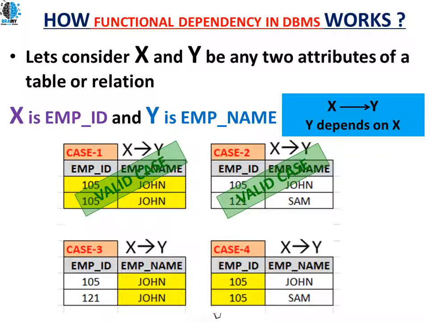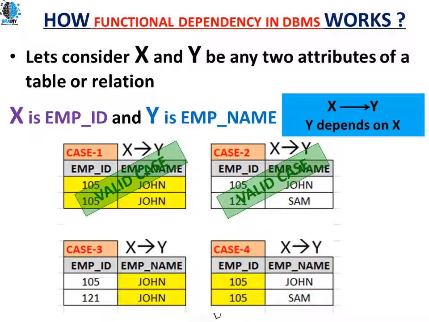Next, employee ID and employee name in case 3. Here I have different employee IDs and the same name. This can happen in any organization: two different persons can have the same name and their employee IDs are different. Physically you will be able to recognize them: this is one John, this is another John.